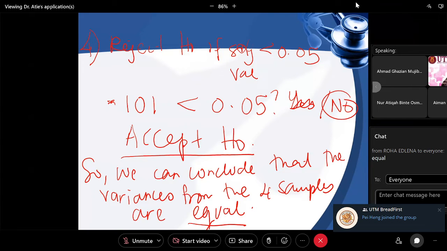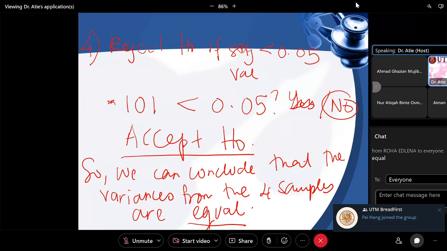Remember, I told you that in order to do this ANOVA test, one of the assumptions that we need to fulfill is to make sure that the four samples, or whatever samples that we want to compare, are equal. They are not different. If they have a very big gap, then it means that the variances are not equal, then we cannot actually proceed with ANOVA.